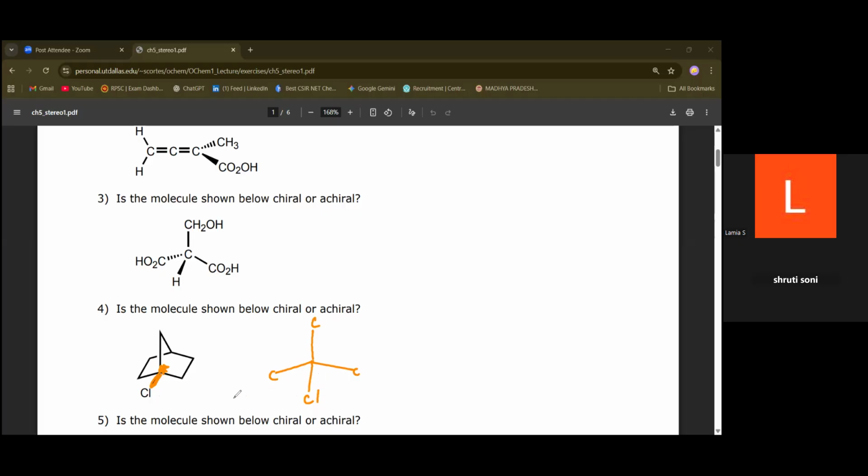Is it easy now or not? No, that's not easy to number, because everything except for Cl is just C, C, C, so you don't know the difference. It's easy to represent like this with bonds. You need to know whether it is chiral or not.